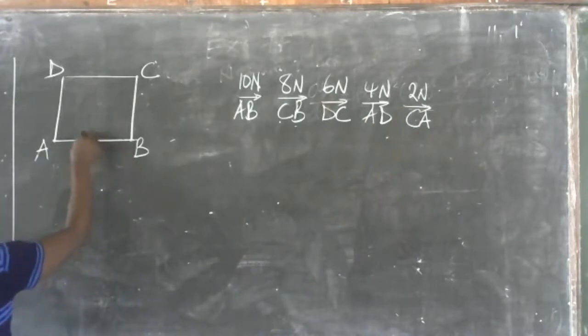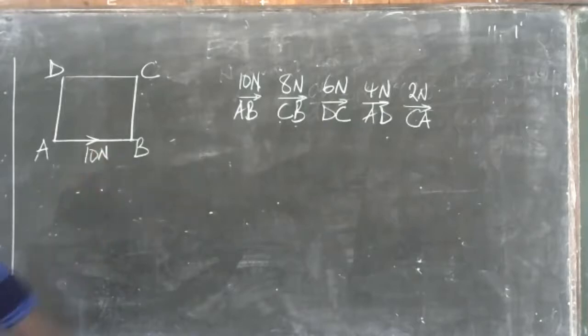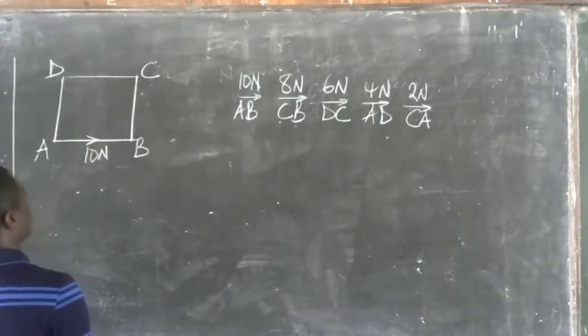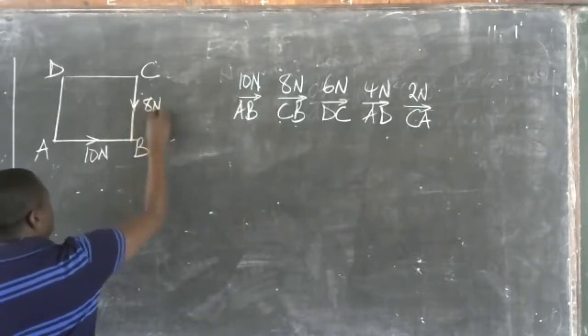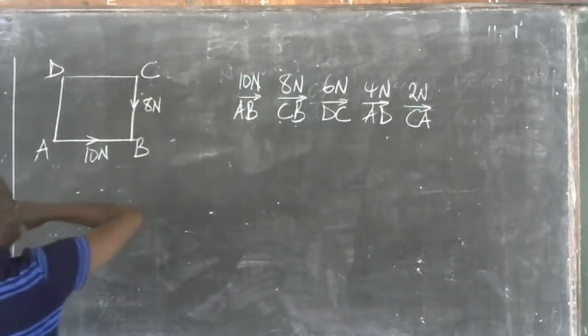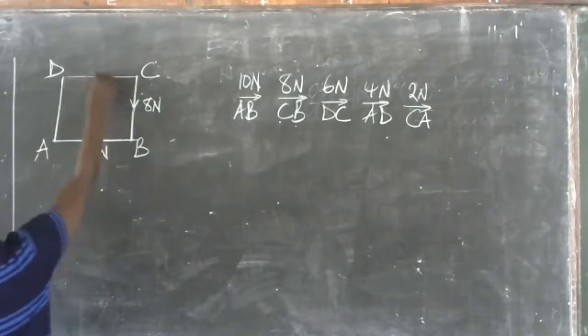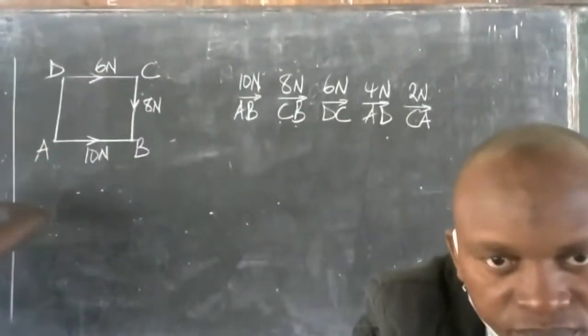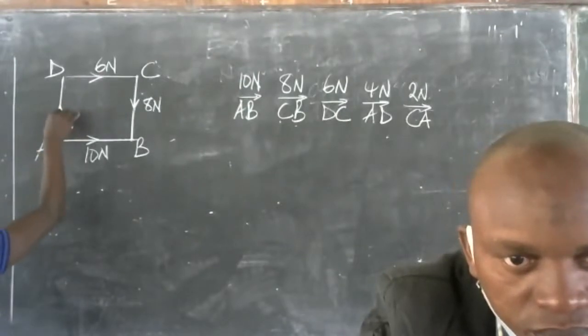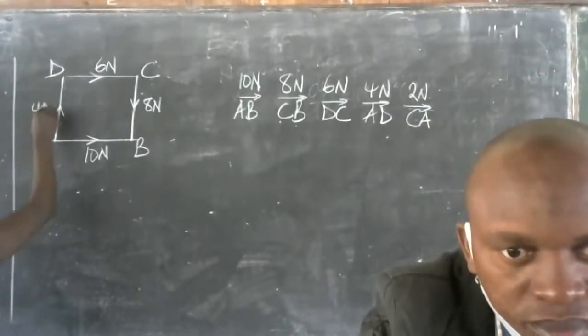So along AB, A to B, we have 10 newtons. Then C to B, 8 newtons. And D to C, 6 newtons. A to D was 4 newtons.